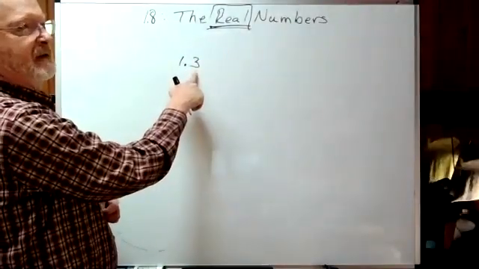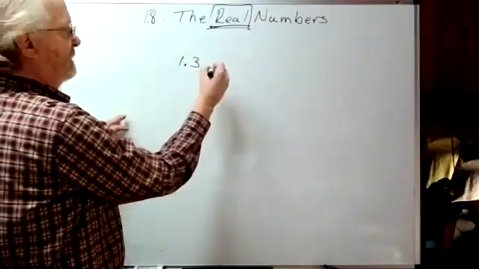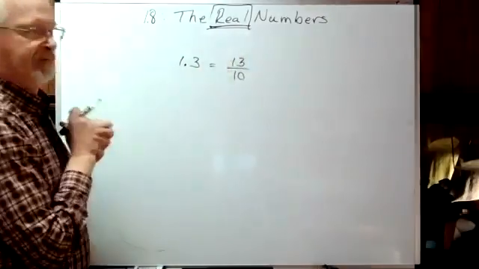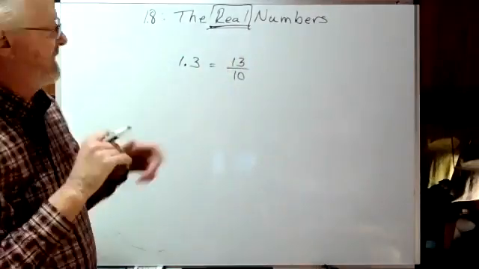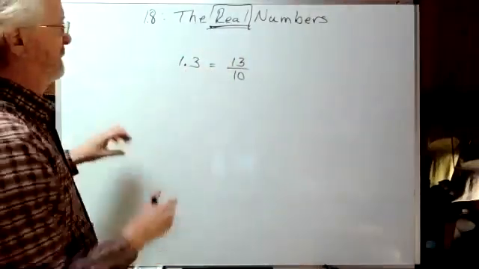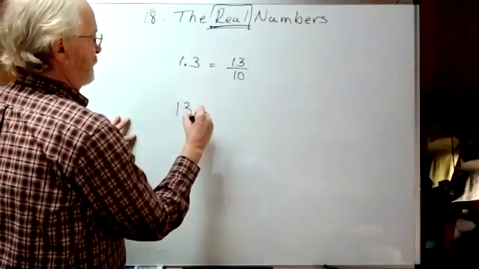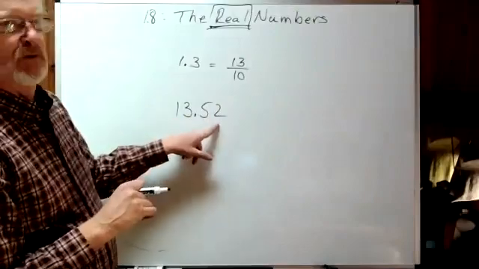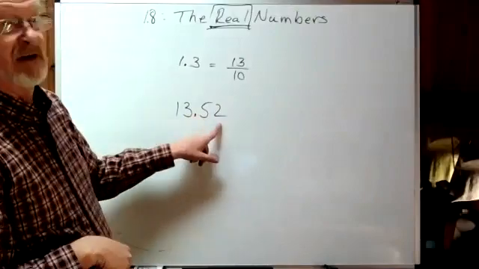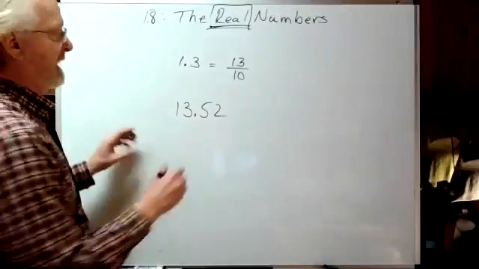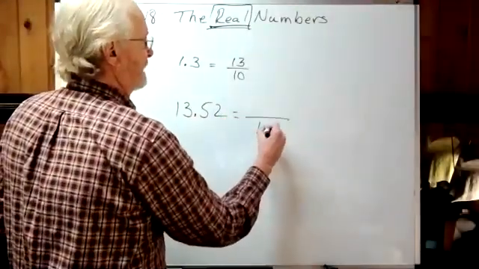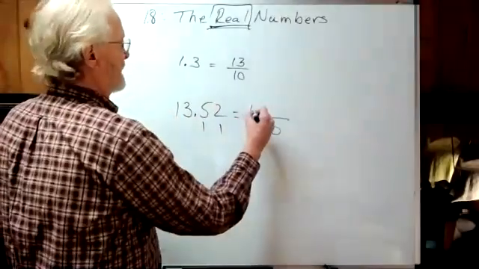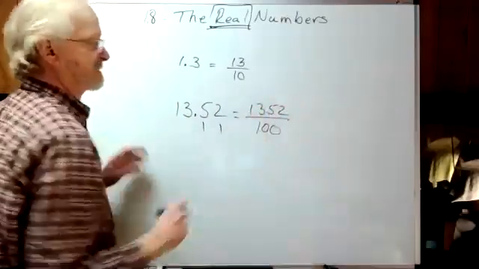That's the 10ths place. So I can make a fraction over 10 if I just drop the decimal point. 13 over 10, right? More than one. 3.52: 52 hundredths, the hundredths place. I can turn this into a fraction by making the denominator the hundredths place and then dropping the decimal point. There's a fraction.